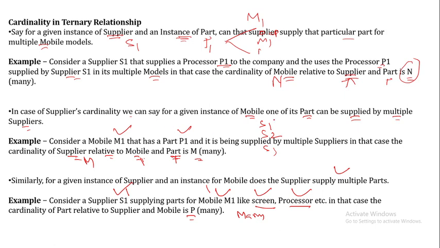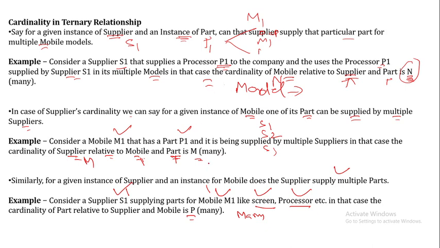Here in the first example, we have seen n with respect to the mobile model: supplier S1 supplies processor P1 to a company that uses processor P1 supplied by S1 in multiple models. Here n is the different models, so the mobile model is the many side.